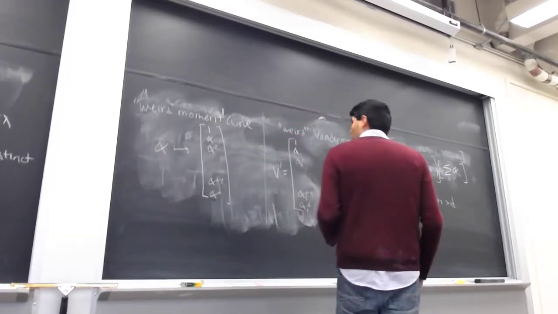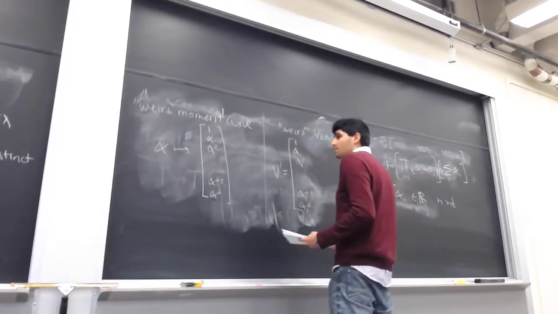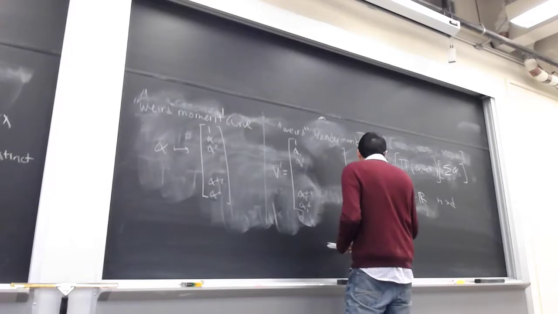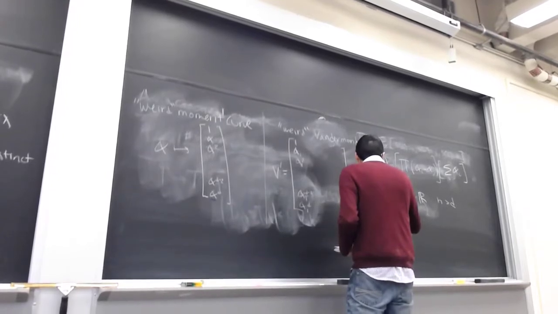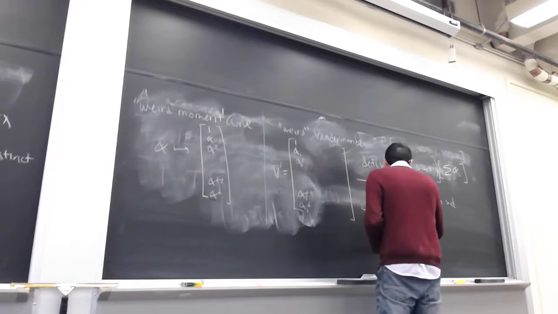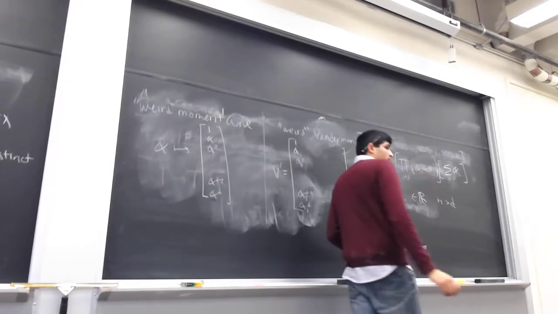Because what we do is we apply this weird moment curve. So each alpha i goes via the moment curve to some vector, v alpha i.